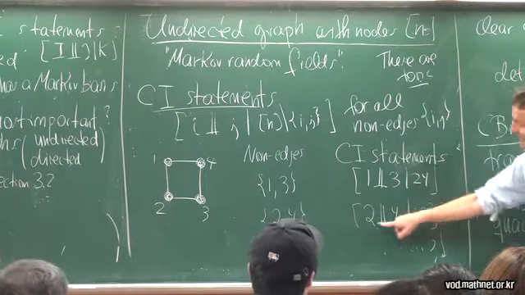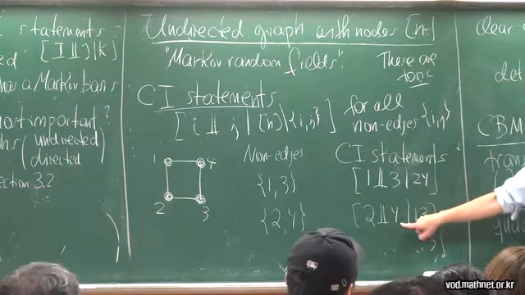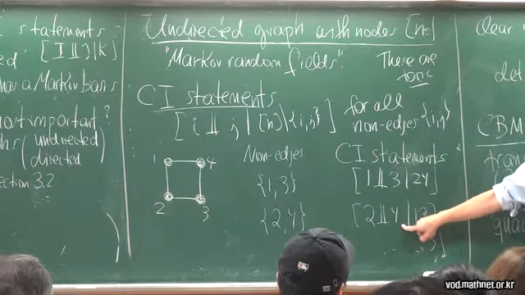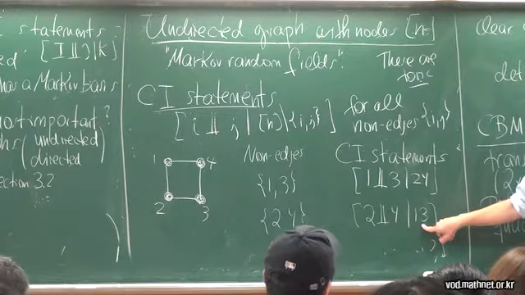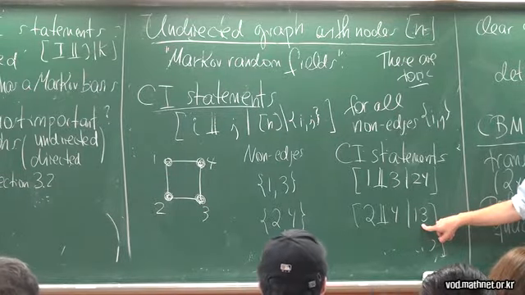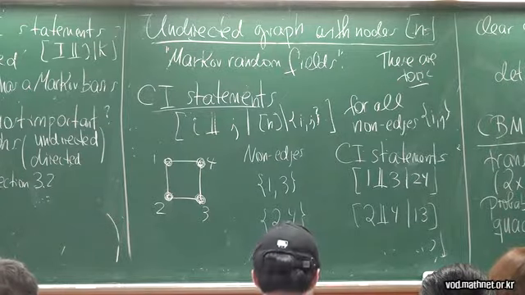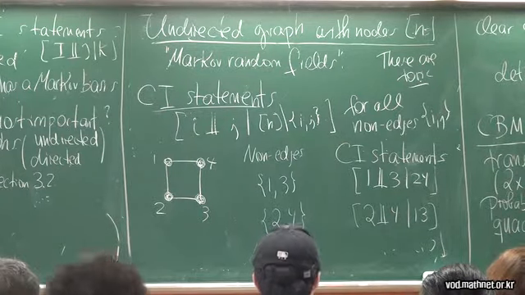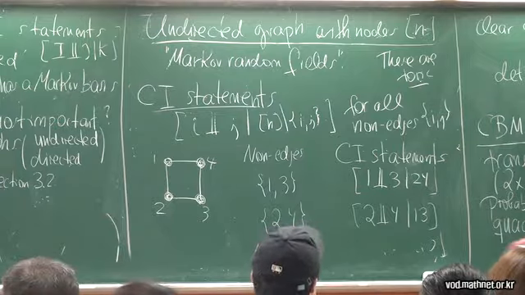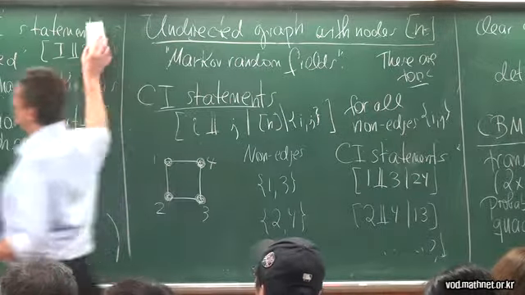By this I mean the singleton 2 is independent of the singleton 4 given the set consisting of the elements 1 and 3. Okay? So that's an undirected graphical model. Let's do the directed case.